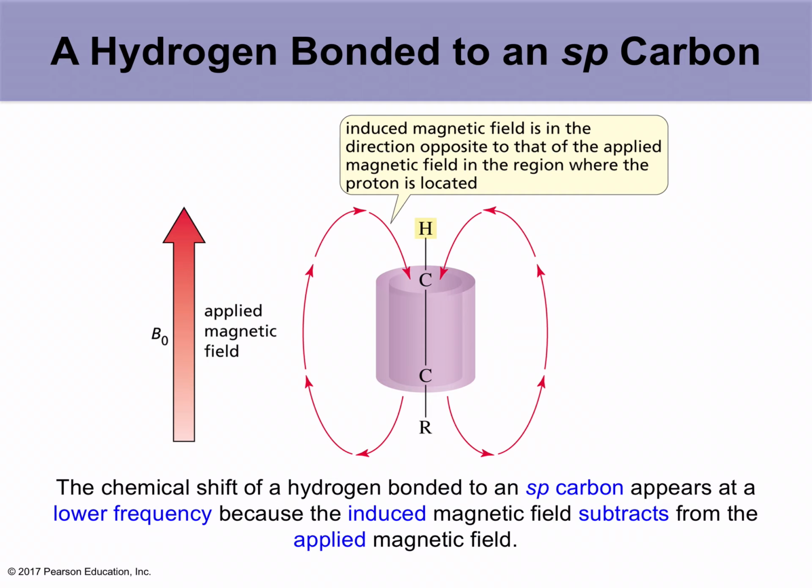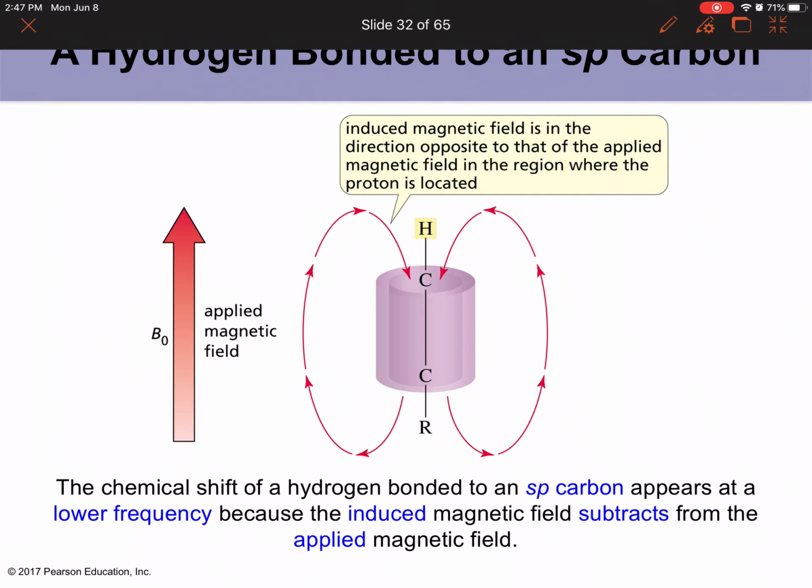And if a hydrogen is bonded to an sp carbon, I hope you remember what sp carbons are, which is when you have a carbon with a triple bond, these hydrogens are called alkyne protons. But you can see, in contrast, the chemical shift of a hydrogen bonded to an sp carbon is at a lower frequency.